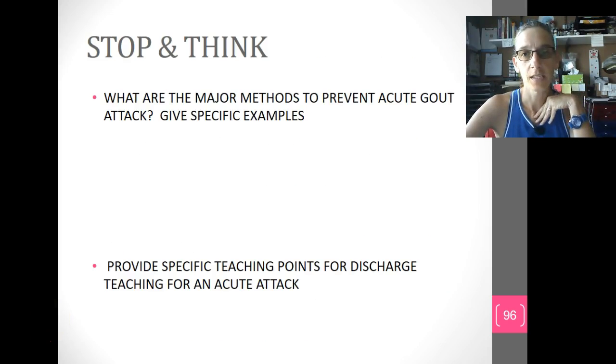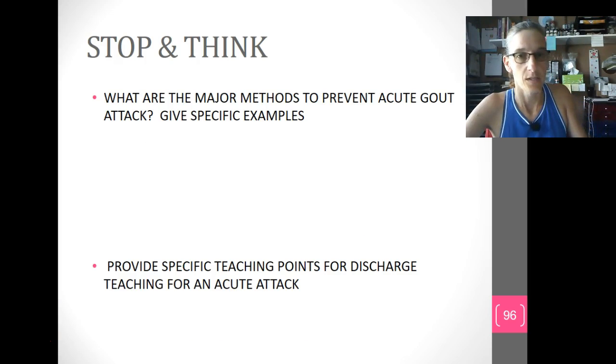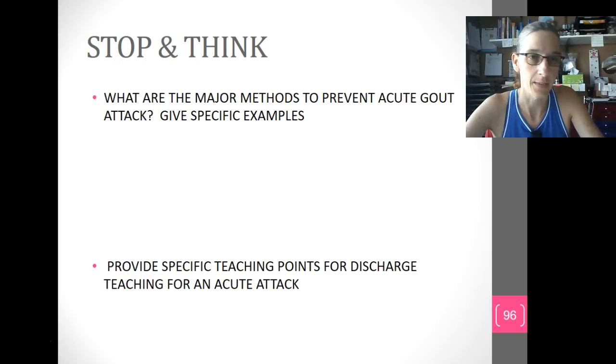Alright, so what are major methods to prevent an acute gout attack? So again, hopefully you'll pause and take a minute to write some things down. But decreasing the sodium urate in extracellular fluids so that deposits don't form. Avoiding foods containing purine, so you're going to avoid organ meats, sardines, shellfish, mushrooms, alcohol, spinach, anchovies.